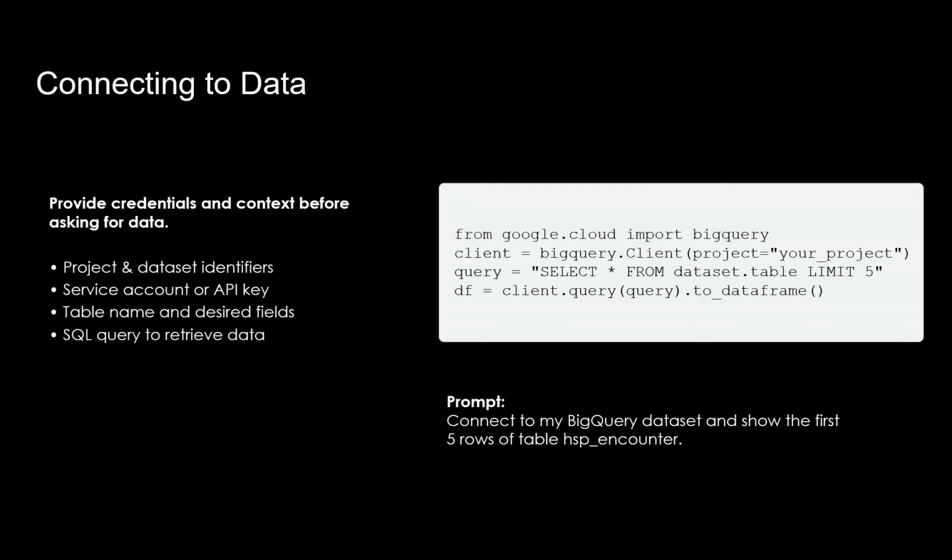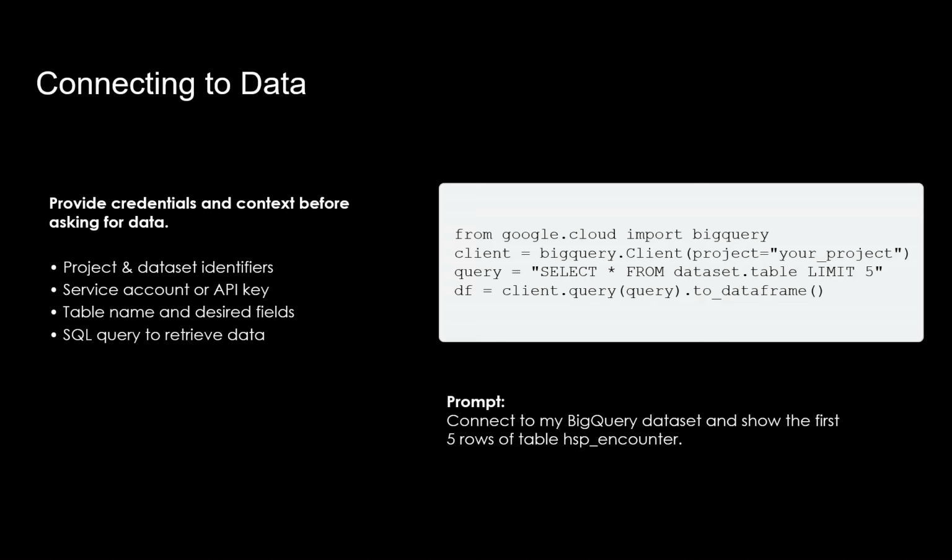I produced this short example in Python by using, I believe, Gemini, actually in the BigQuery environment, and just asked it to connect to my BigQuery dataset and show the first 5 rows of this table. And it did it perfectly. So you see that what it does is it creates a client that's going to go against my project.